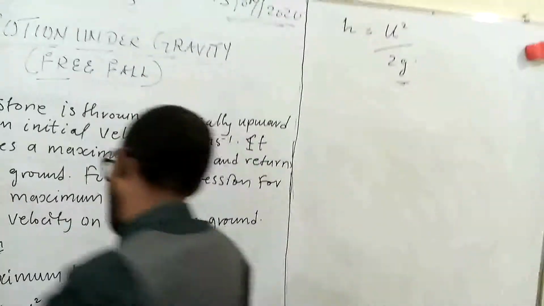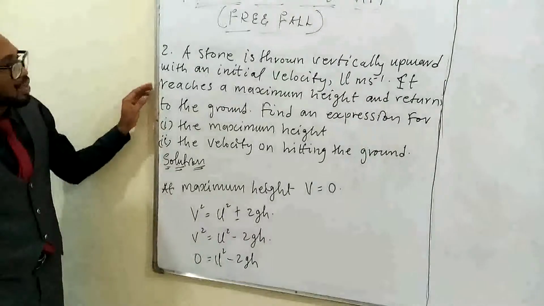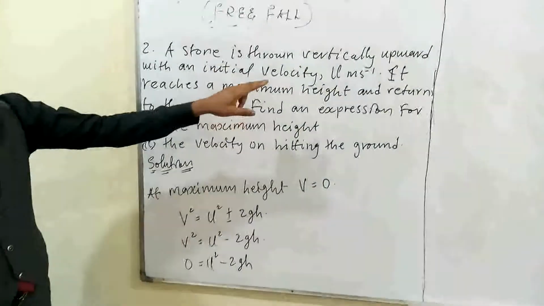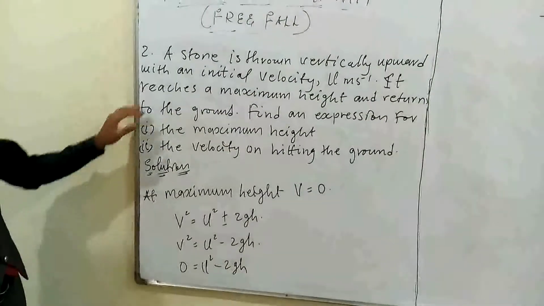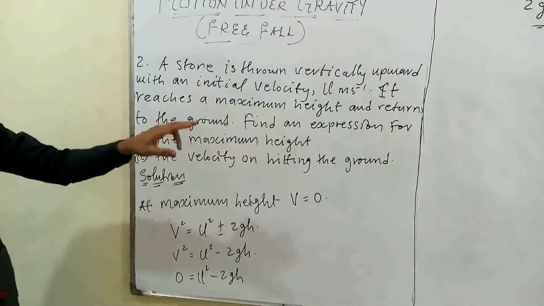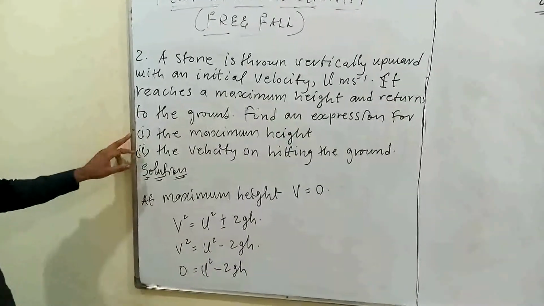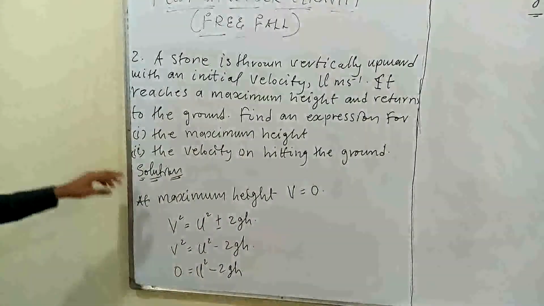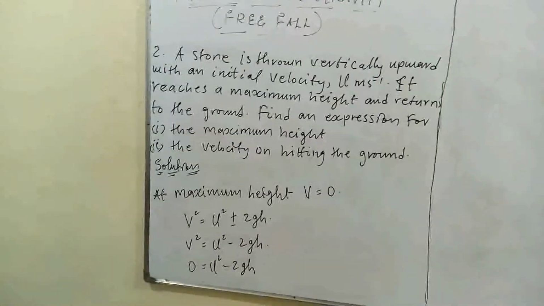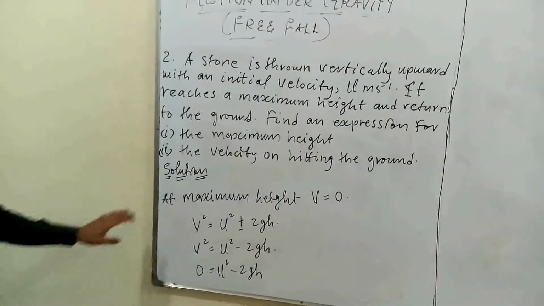Now, if I go over it again, a stone is thrown vertically upward with an initial velocity u meters per second. It reaches a maximum height and returns to the ground. Find an expression for the maximum height and the velocity on hitting the ground, which we are going to look at shortly.